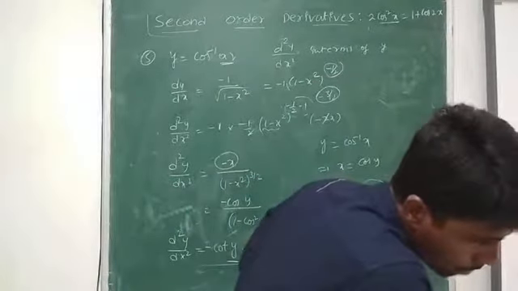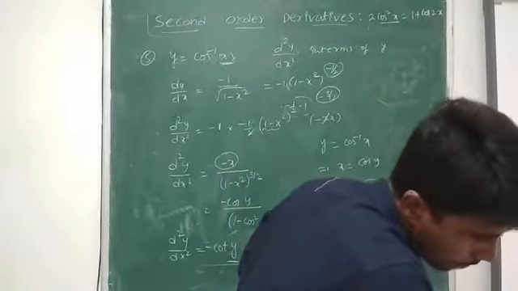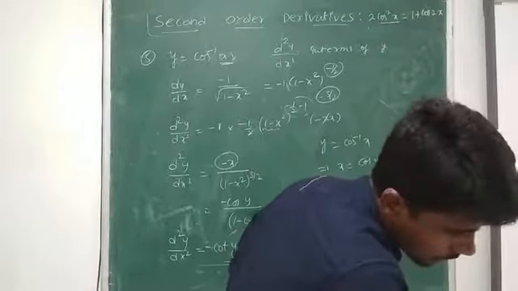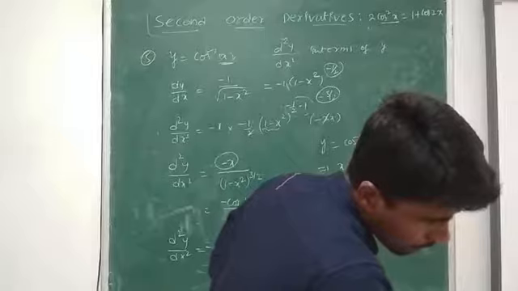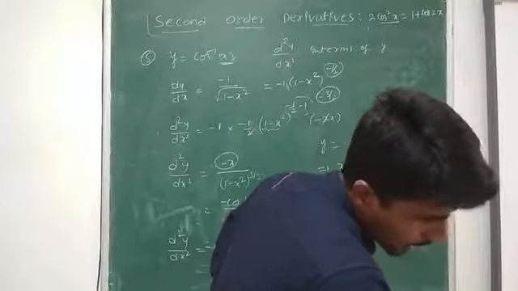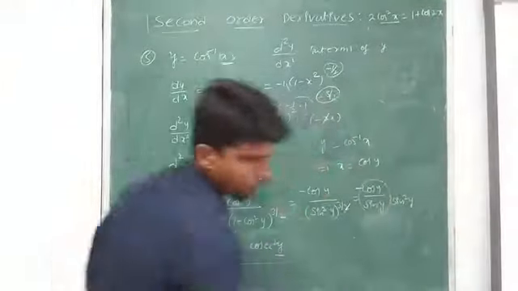sixth one, take second. Sixth one second. Y is equal to 5 cos x minus 3 sin x.